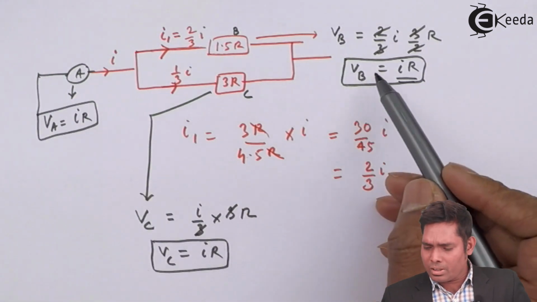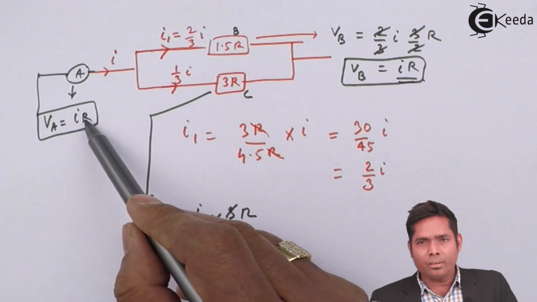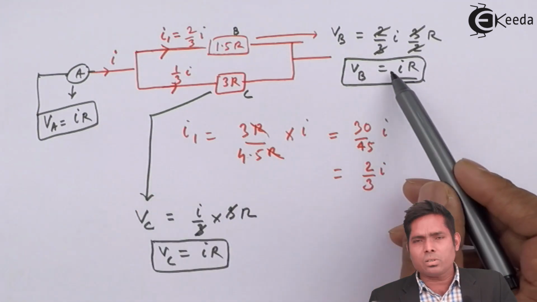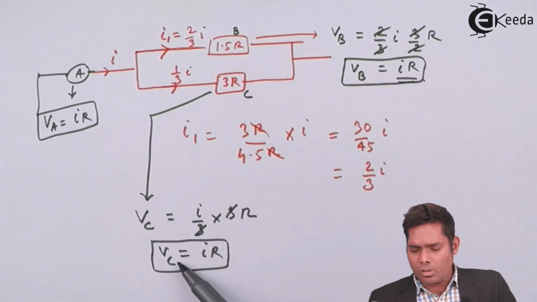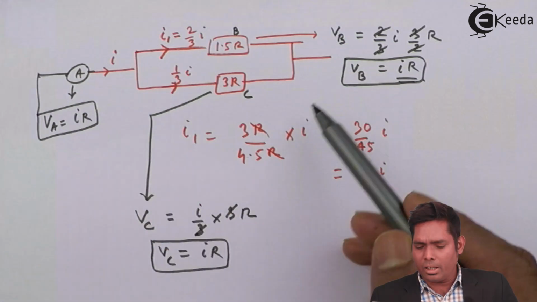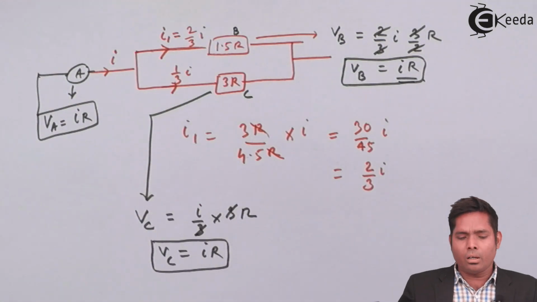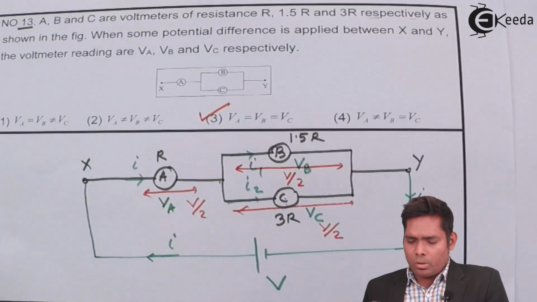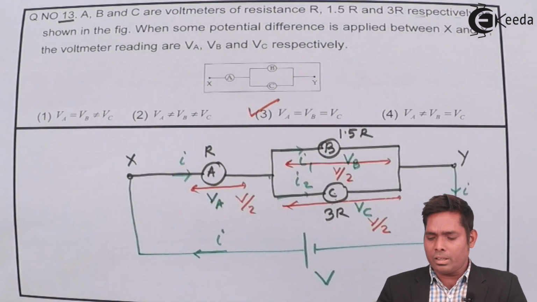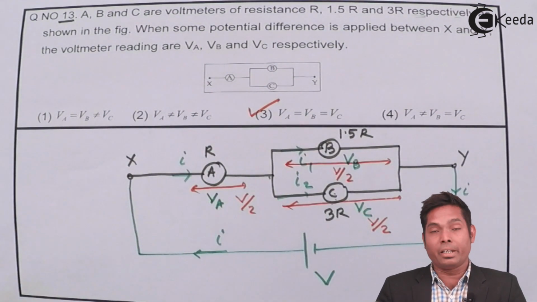If you see all these three values, VA is IR, VB is also IR, VC is also IR. So from these three, we conclude, as I told you, that the voltage drop across each voltmeter, or the voltmeter reading, will be the same. Okay, thank you.